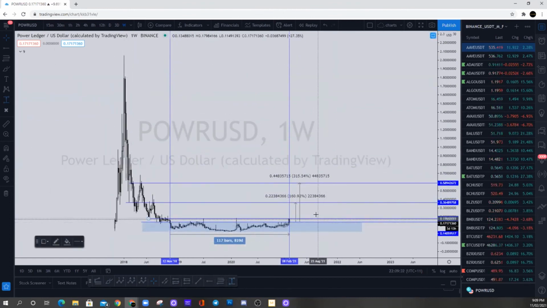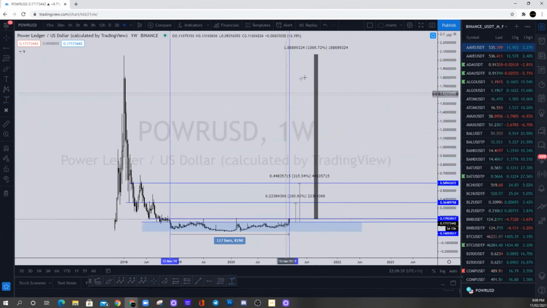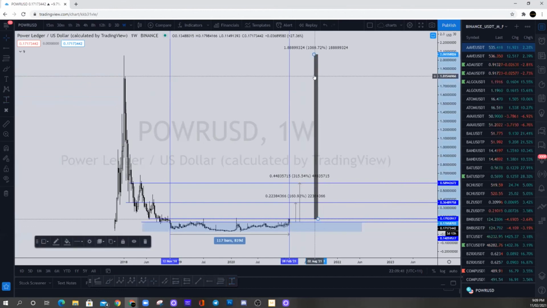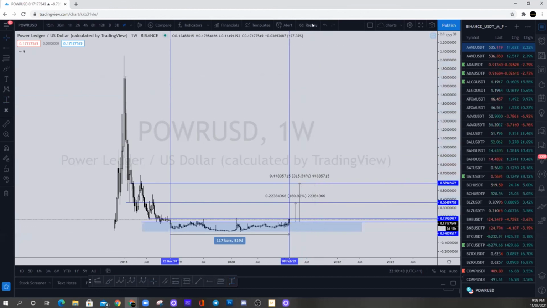Just for shits and giggles, from current prices, let's have a look. Look at that, 1,000%. As a spot trade, that'd be pretty bloody good. But again, there's no telling how long it's going to take, and it might be too late for it. So if you do enter it, just use your stop losses. As always, that's rule number one: protect your capital.